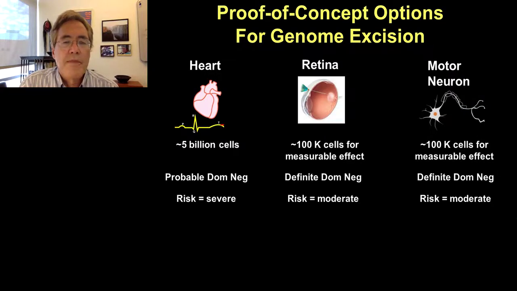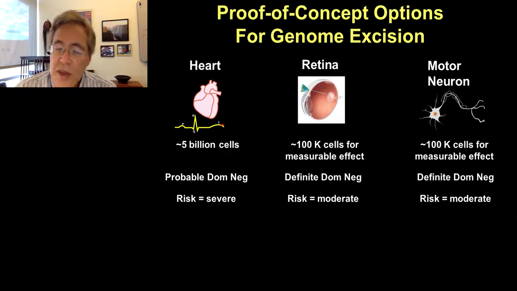So for proof of concept, we thought about multiple different types of therapy and tissues to work in. The heart on the left is what we'd worked on before, but we're focusing most of our effort on the retina and motor neurons, as shown on the right. The reason is that there are several advantages, at least for proof of concept studies.